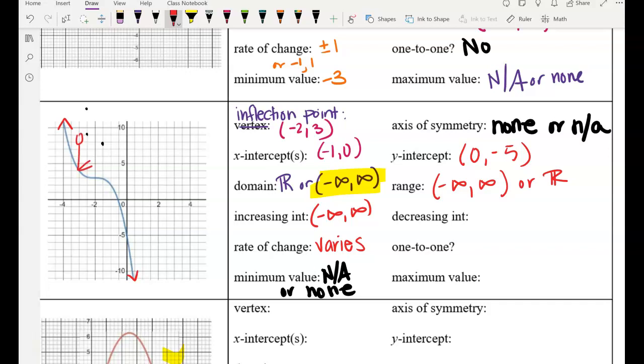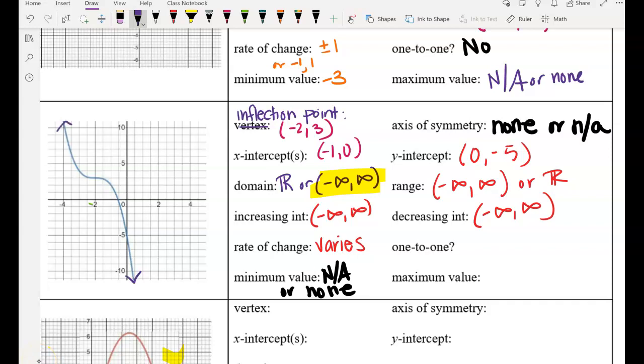Whee! Yay! The entire function is going downward. So it's going downward over the entire domain. So -infinity to infinity.